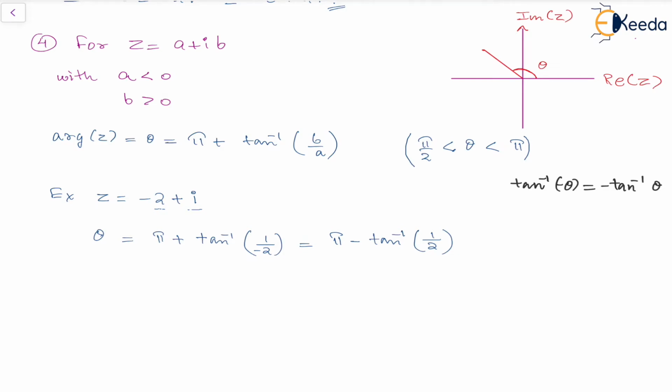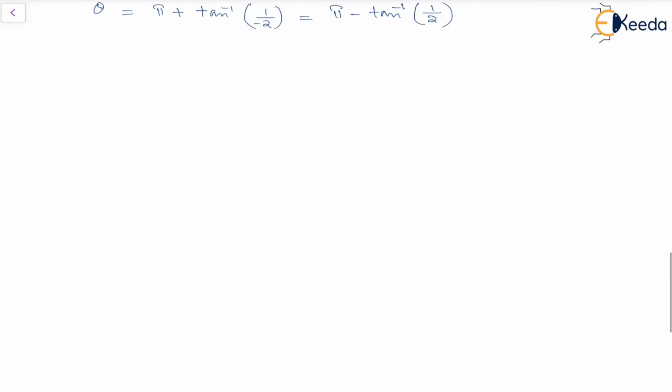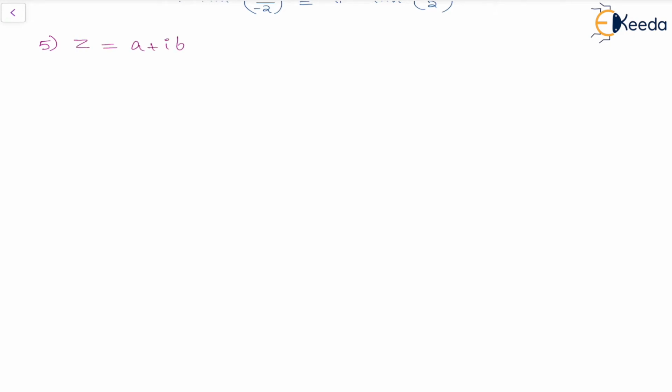So we can see that this will lie in the interval of pi by 2 to pi. The next case is the fifth one. This is where the real part will be less than 0 and imaginary part will be 0.